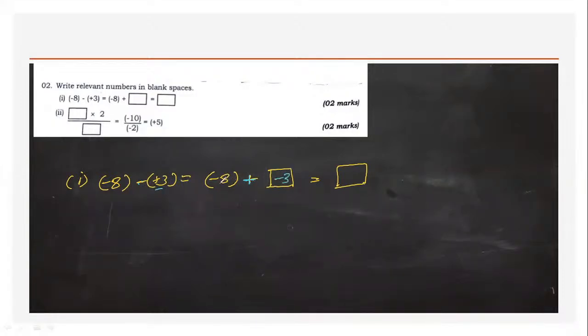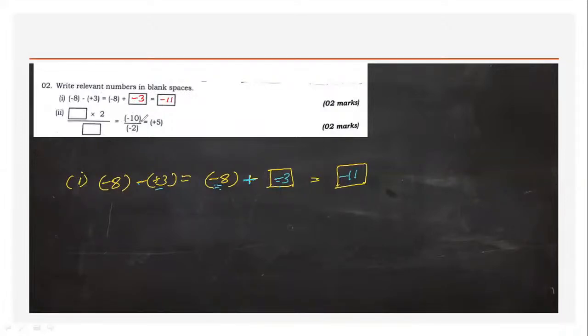Now you can see when the same signs are there, when we are adding, you have to add, but the sign is the same. Minus 8 and minus 3, that is 11. The same sign contained in both is minus. Minus 11 is the answer here. Then you can complete like this, right? This is changed to minus 3, and this is minus 11.